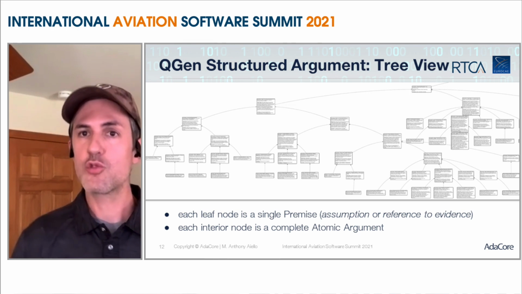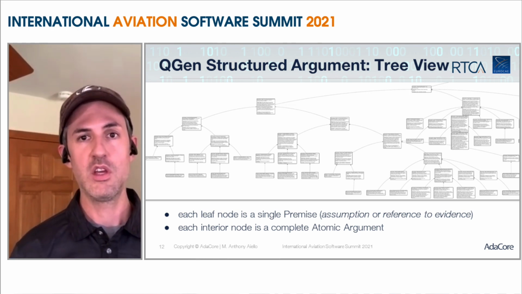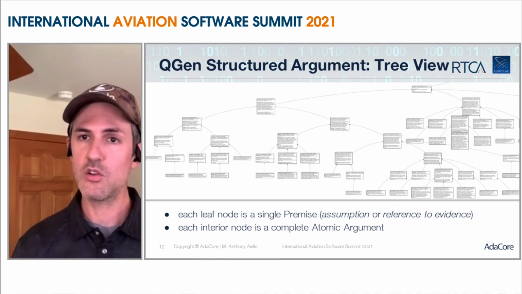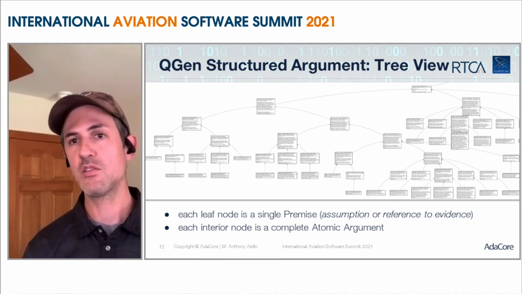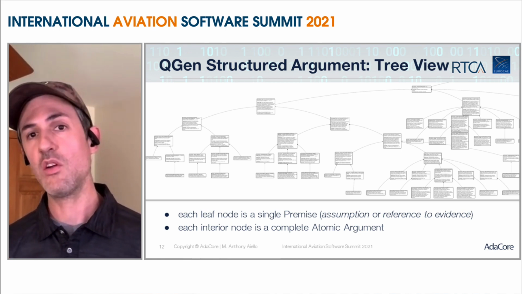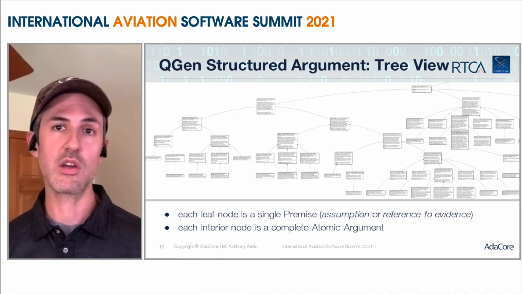We also provide a tree-like view of the argument. In this view, each leaf node at the base of the tree is a single premise, and that premise is either an assumption or a reference to evidence. Each interior node of the tree is a complete atomic argument.